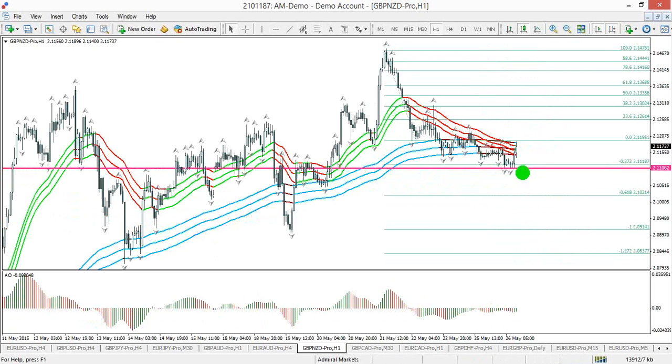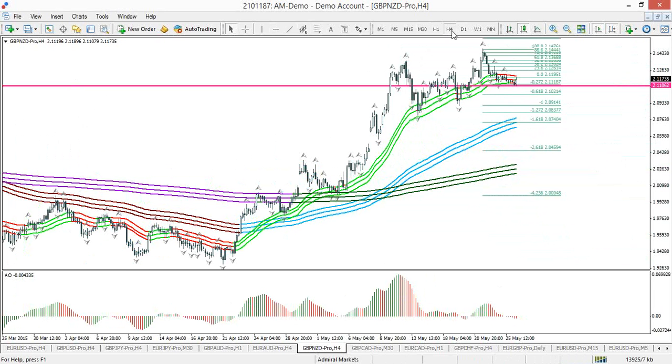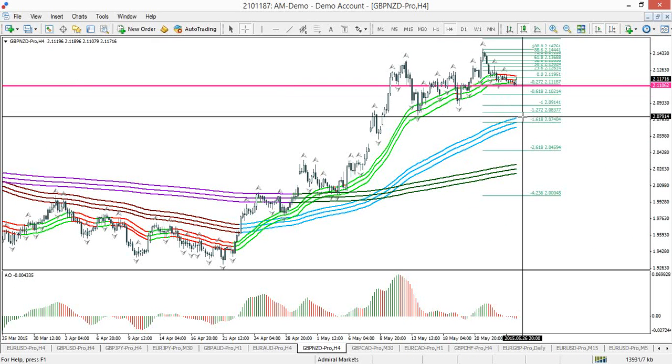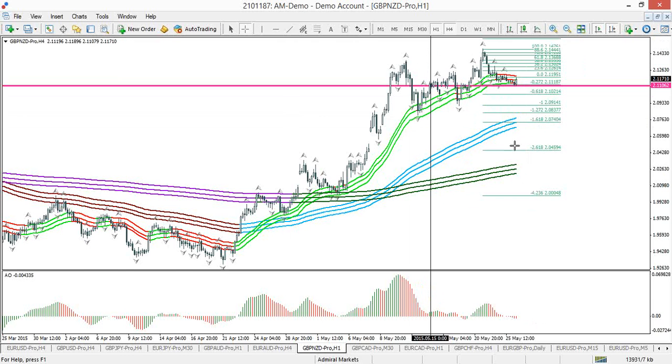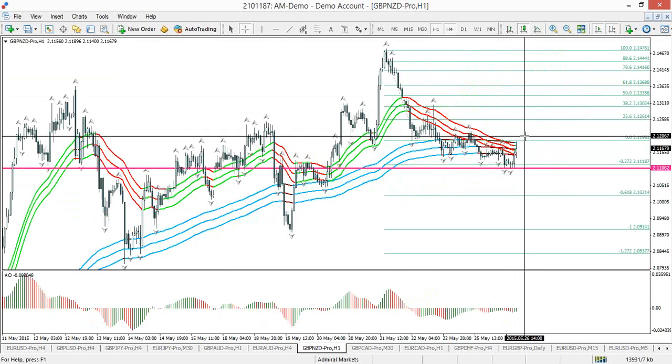Below 211, we have space down to 210, then to 209. And after that, we'll have to see. Maybe eventually all the way to 207.50, but let's see. But for the moment, we're not breaking this 211, and we're bouncing up.